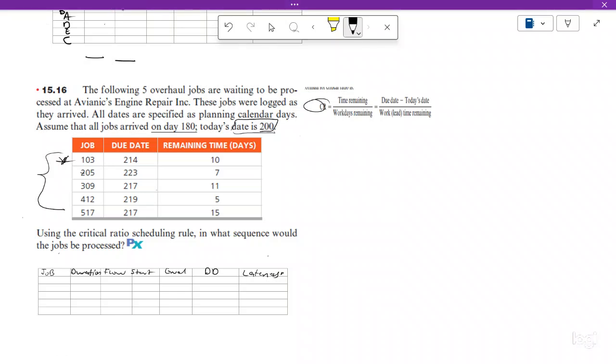Due date, starting with the first one, is 214. 214 minus 200, remaining days is 10.